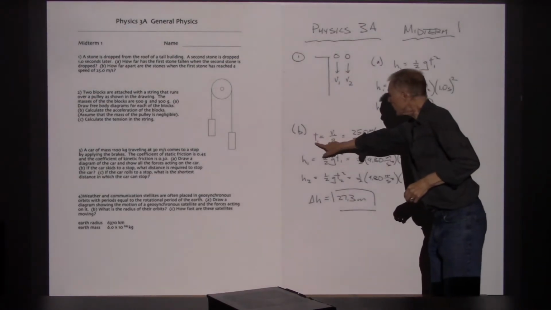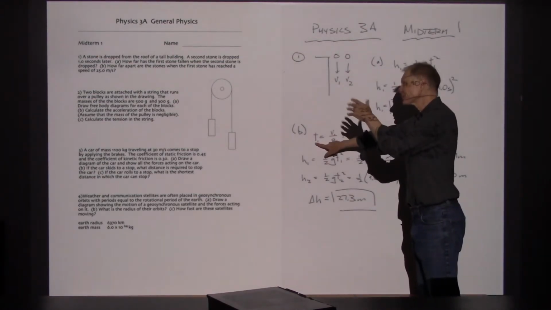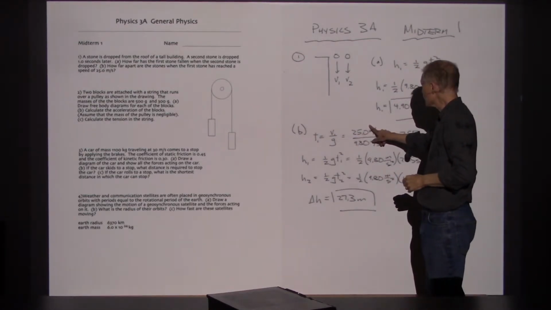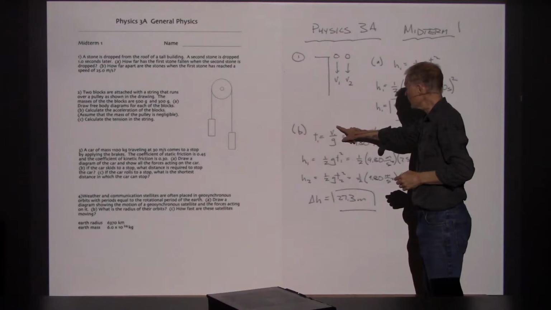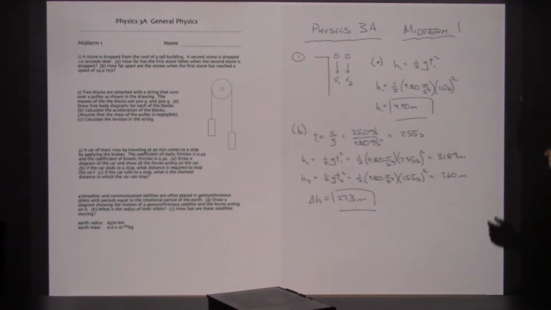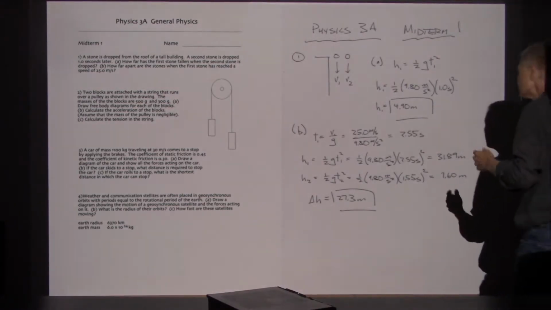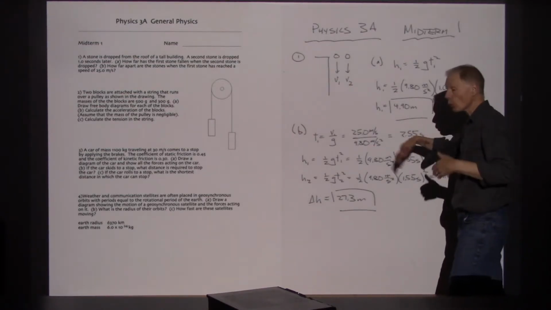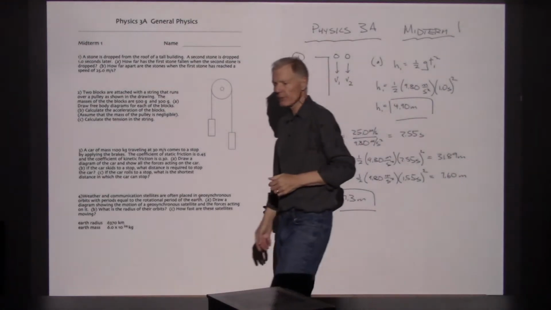So the amount of time it's going to take for stone number 1 to reach 25 meters per second, well, we can calculate that as v over the acceleration. So that's 25 meters per second divided by 9.8. It's going to take a little more than 2.5 seconds, so 2.55 seconds, and that first stone will be traveling at 25 meters per second.